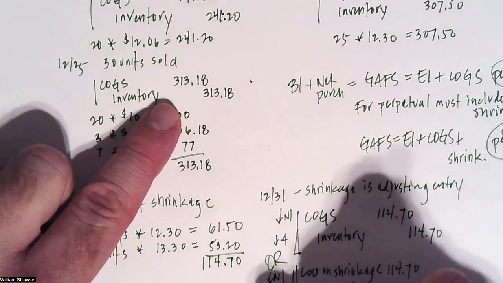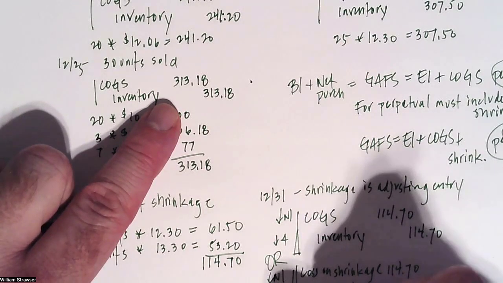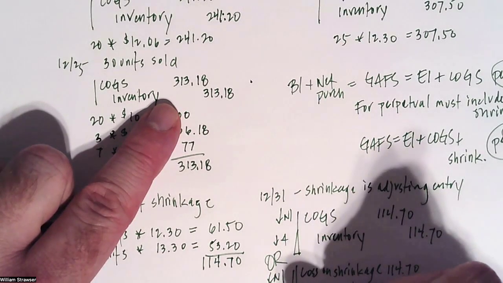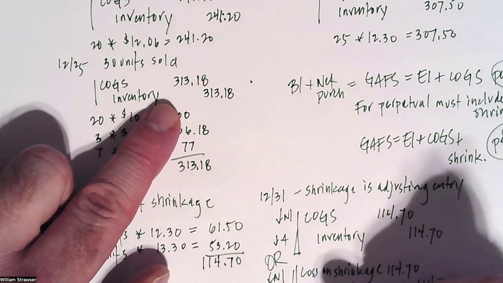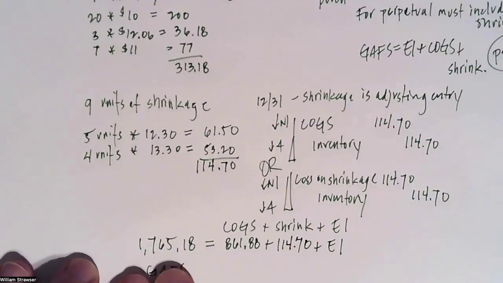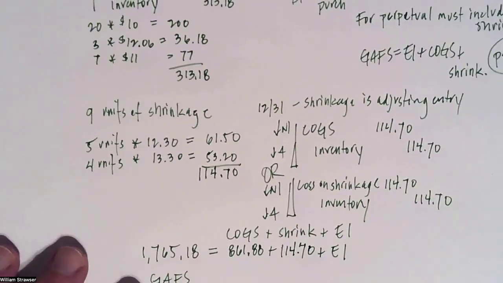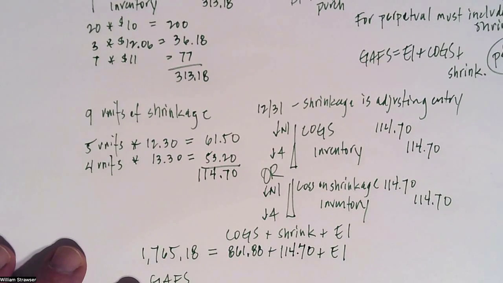Plus I have some shrinkage, $114.70, plus EI, right? So now I can solve directly for ending inventory without having to go back and count the units that were still left over after all of my sales were made. That can get a little bit taxing to do for me personally.